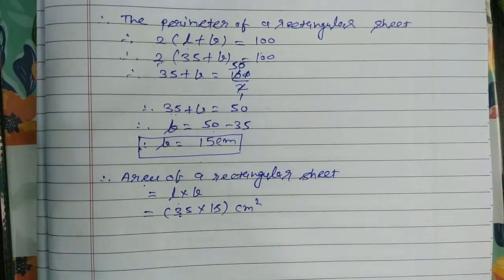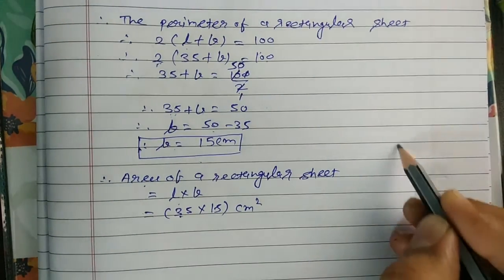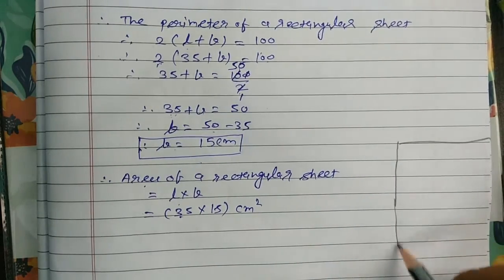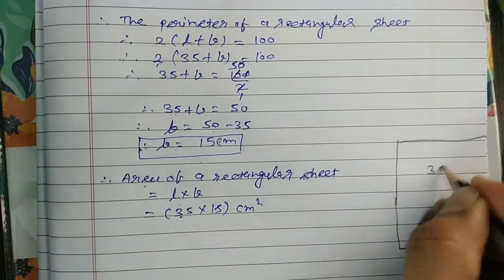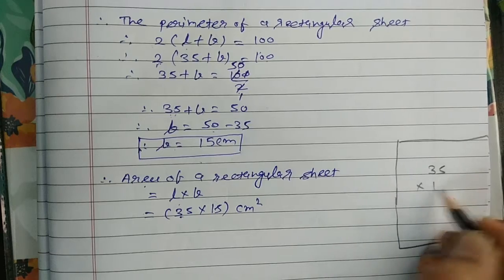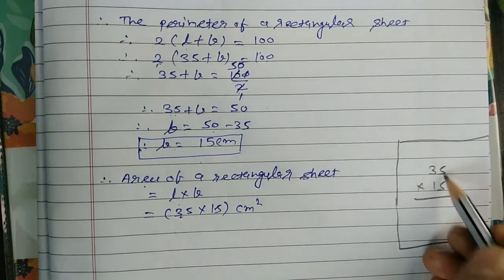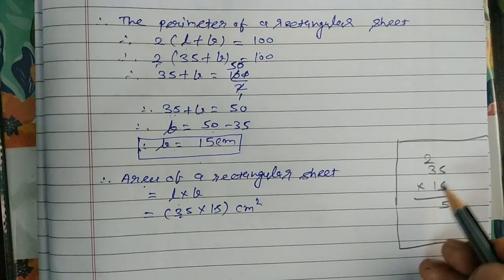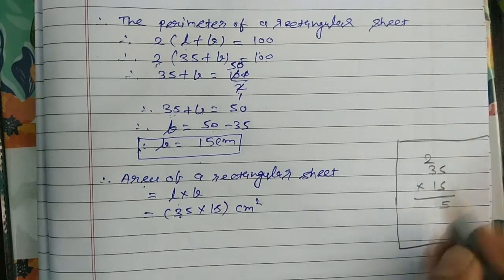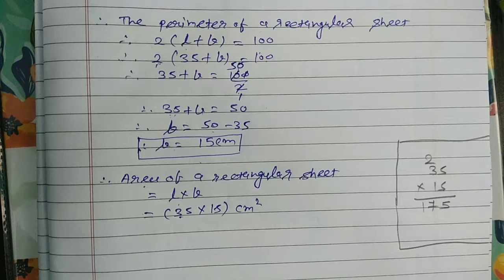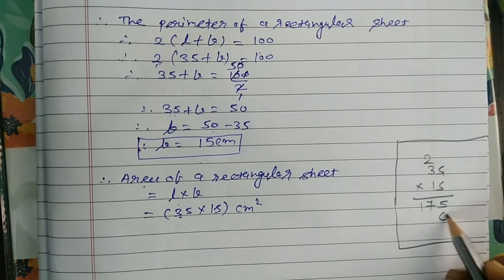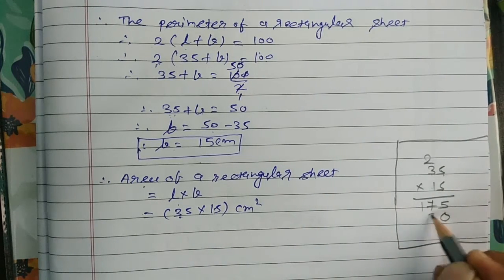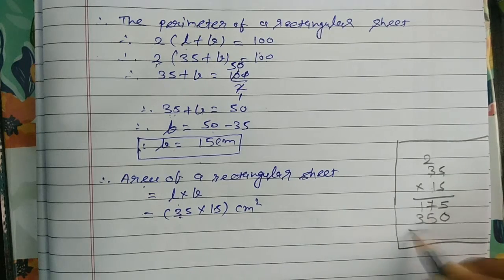35 multiplied by 15 we have to do. 5 5s are 25, 2 will come, 3 5s are 15, 15 plus 2 17. Here 0 will come, 5 1s are 5, 3 1s are 3.